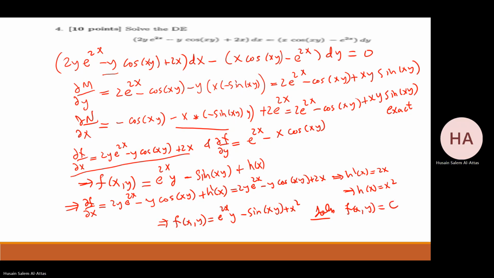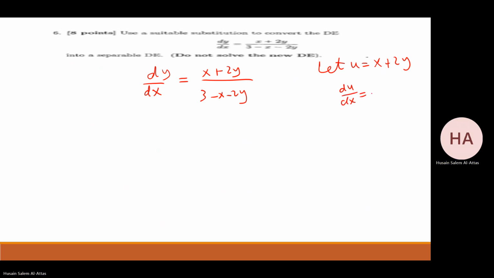Sometimes you need to be careful in the calculation. Use a suitable substitution. Let me rewrite it: dy over dx equals (x plus 2y) over (3 minus x minus 2y). Very clean. I will let u equal x plus 2y. So du over dx will be 1 plus 2 dy over dx.